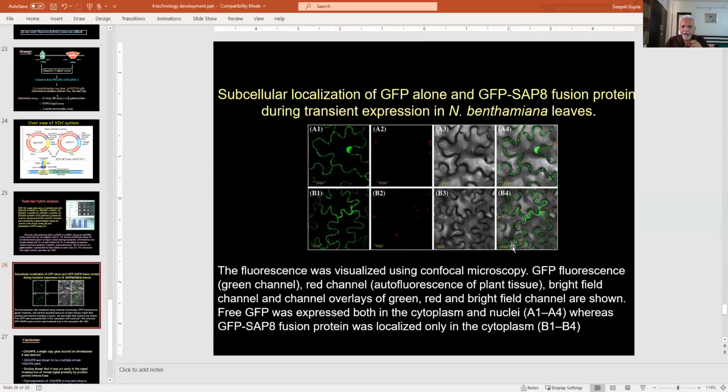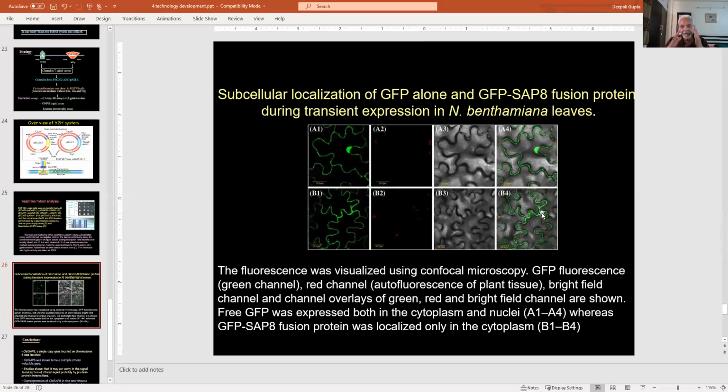So this experiment clearly demonstrated that the SAP8 protein is localized onto the membrane, and it also supports its involvement in the very early event of signal perception, as I told you in the second lecture, that signal perception is done at the membrane level and then it is transduced to the nucleus.